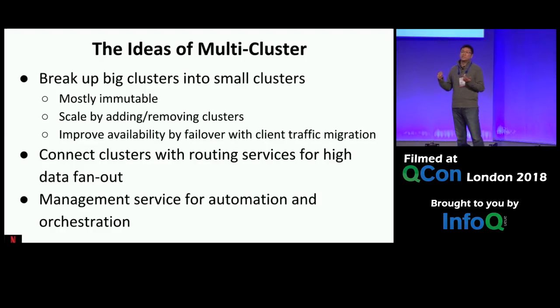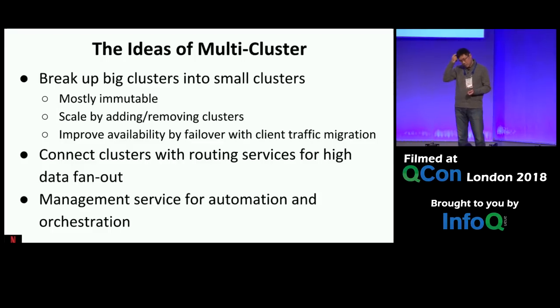The only operations we do are creating clusters, destroying clusters, creating topics, and deleting topics. Once you have multiple clusters, you can scale up and down by adding or removing clusters. As I proved in my previous slides, small clusters tend to have better availability than a big cluster, but you can even improve that availability by doing failover with client traffic migration.